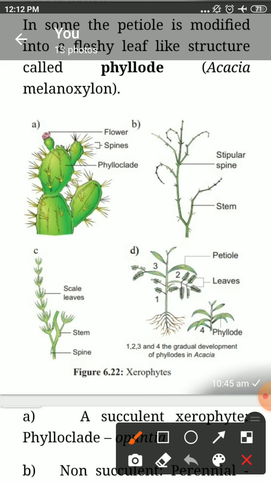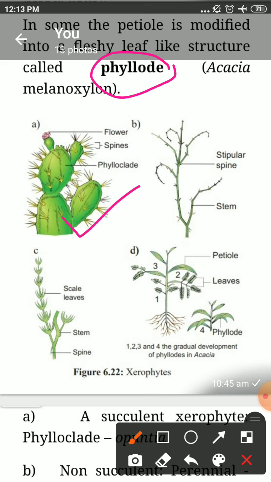We call it a phyllode, seen in Australian acacia. Name is Acacia melanoxylon. Now, as we have discussed the phylloclade, this is the Opuntia phylloclade.